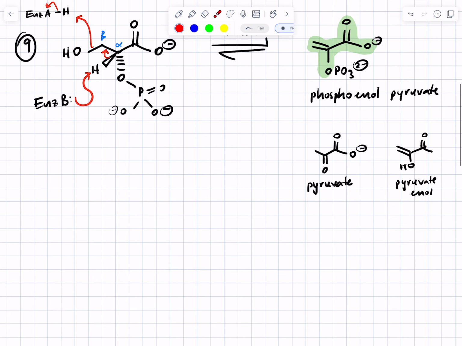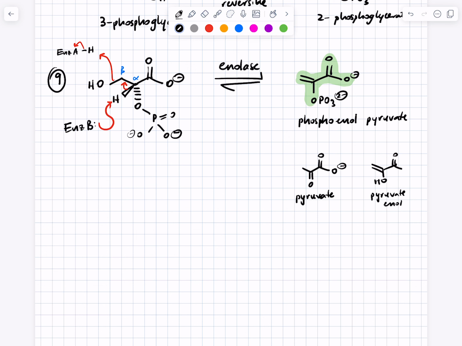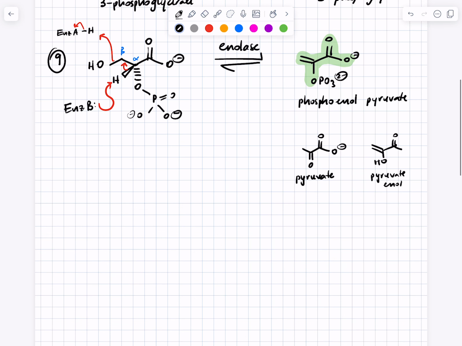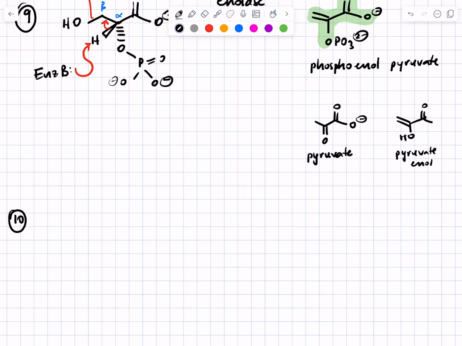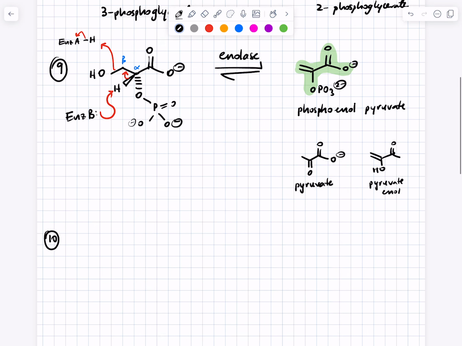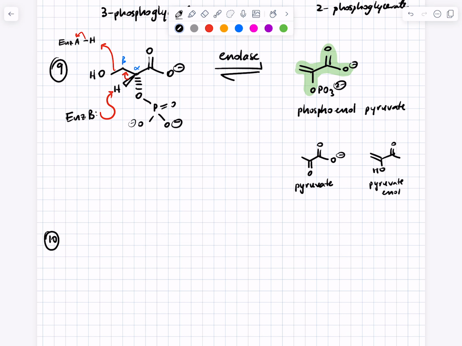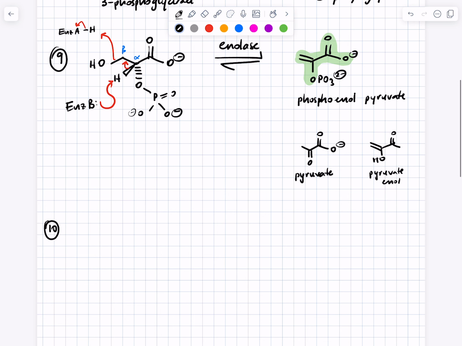So let me show you how that last reaction of glycolysis works. This is very downhill in energy, it's irreversible. There's 3 irreversible steps in glycolysis, the first, the third, and the 10th. So here's phosphoenol pyruvate.